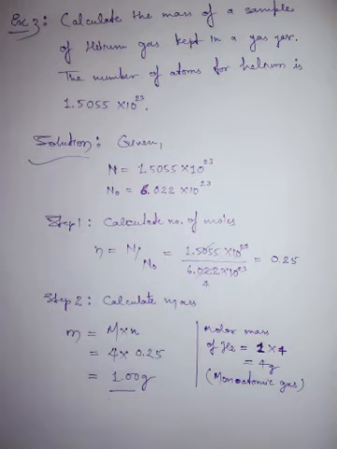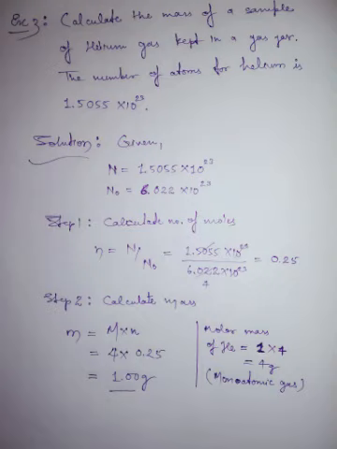Multiply 18 with 0.1751, you will get the value of 3.1518 gram. This is the mass of water that we got from fractional distillation of air.